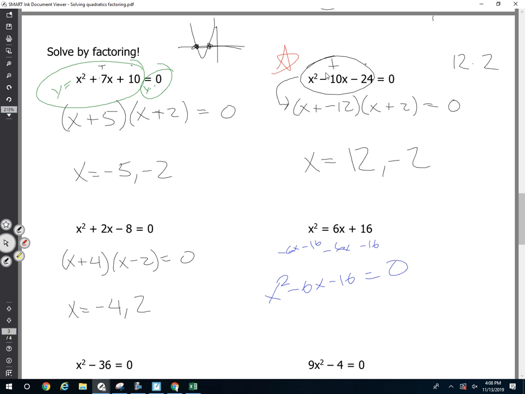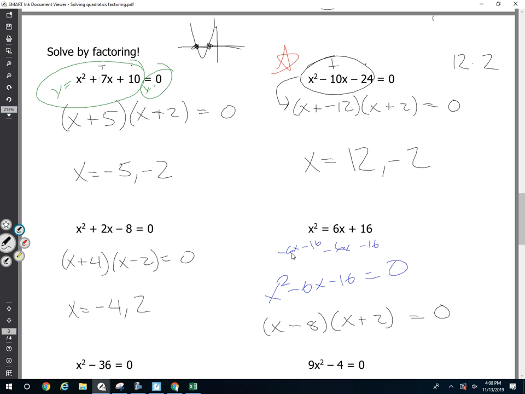Mr. Cherba, put your phone away and tell me how to factor x squared minus 6x minus 16. What two numbers add to get negative 6 and multiply to get negative 16? Mr. Quinn? Would it be 8 and -2? -8 and +2. That's what I got.